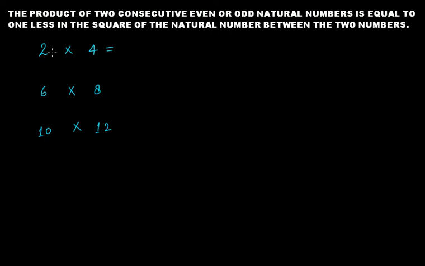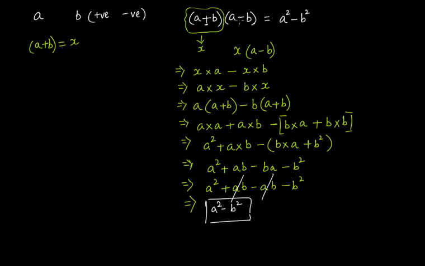Can we write this 2 as 3 minus 1, and this 4 as 3 plus 1? We can. Now this is a minus b times a plus b, the same thing that we have discussed here. Whether it is a plus b times a minus b or a minus b times a plus b, it doesn't matter because of the commutative property of multiplication. You can exchange their position.